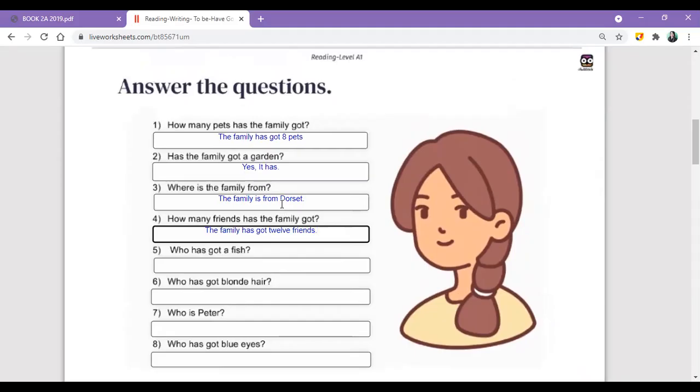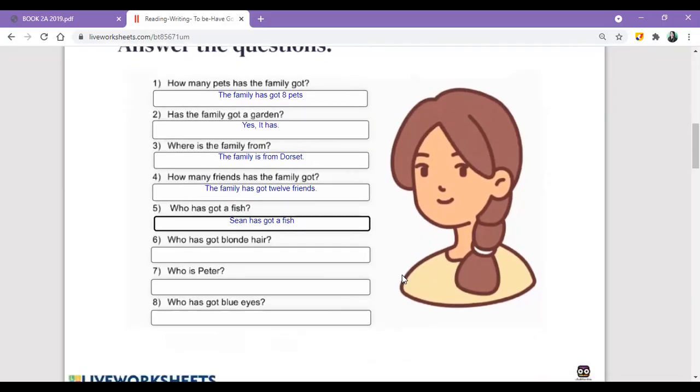Who has got a fish? Sean has got a fish. Okay, very good. Sean has got a fish, a goldfish. Okay.